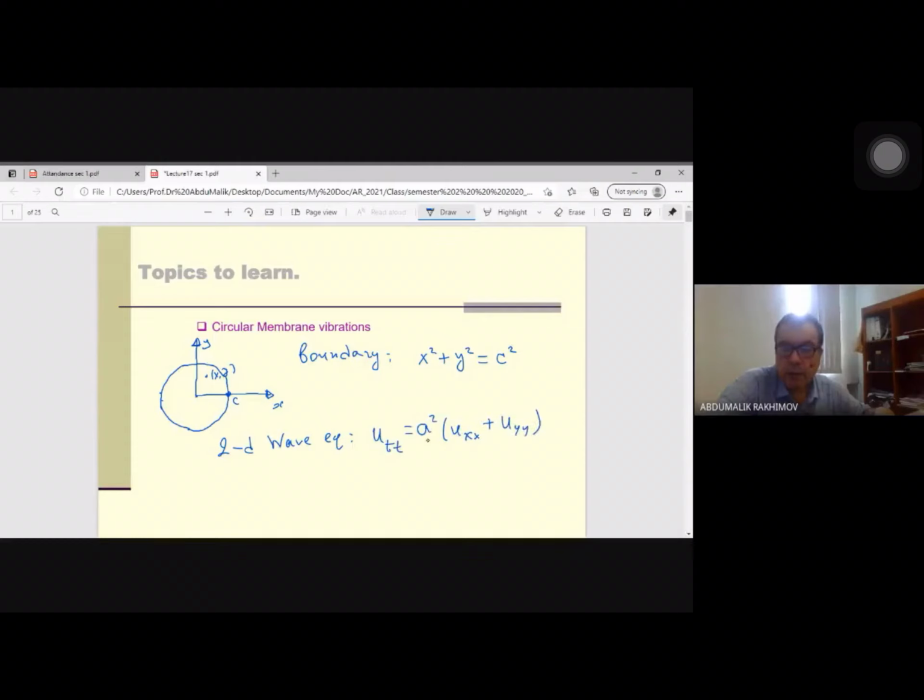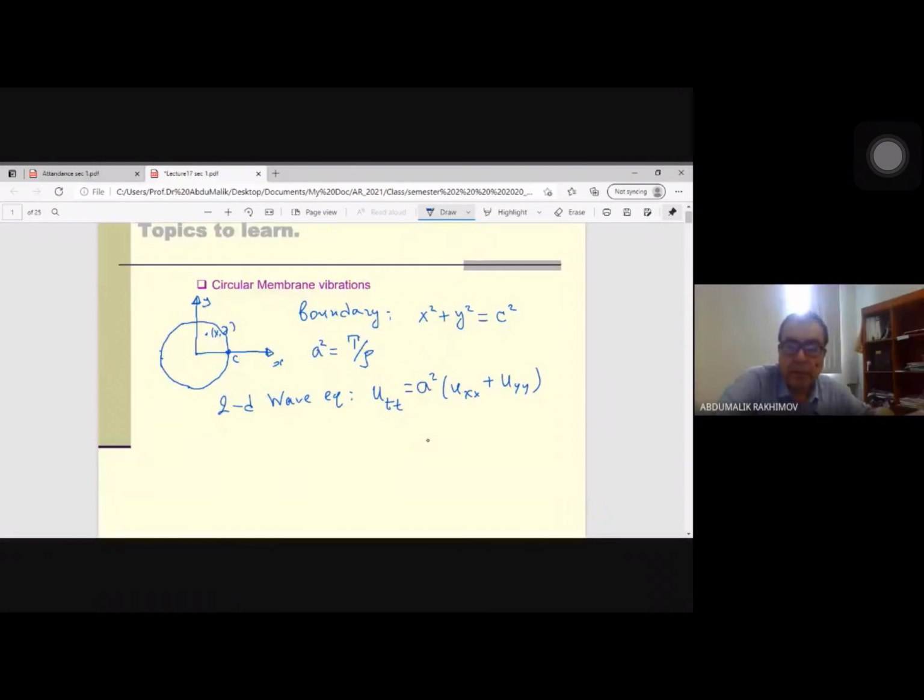Of course, this equation is under some assumptions, say no external forces acting on this membrane, right? Here a squared is equal to T over rho, where T is the magnitude of the tension, and we suppose that it is constant, and rho is the density, also constant, right?